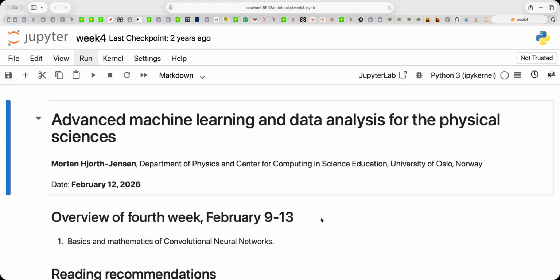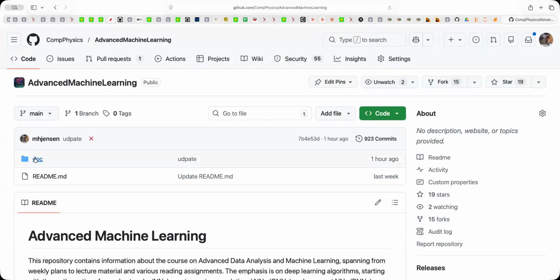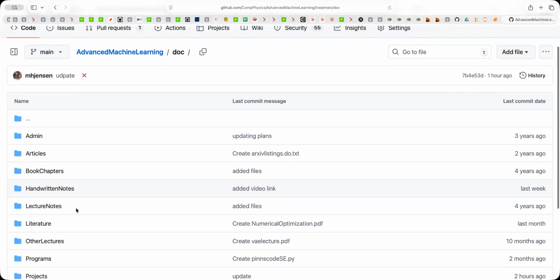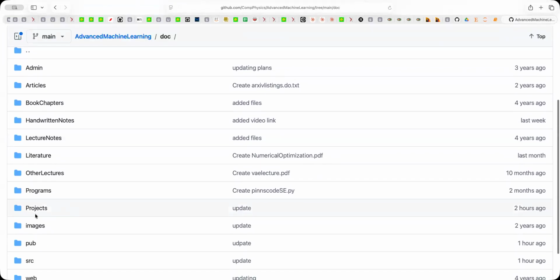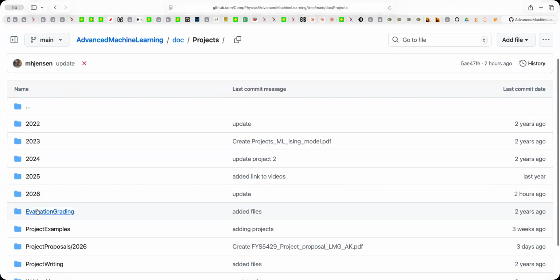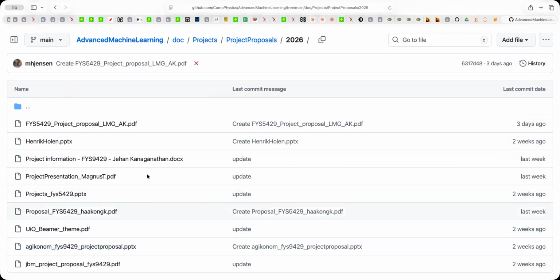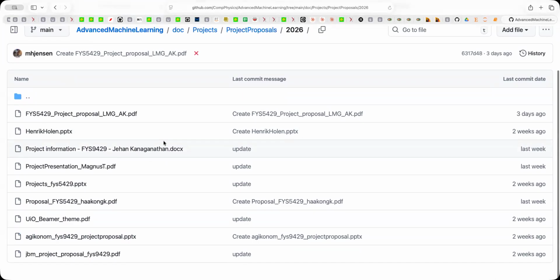Now, one thing I wanted to say before we continue: if you go back to the GitHub address, because we've been discussing back and forth what kind of projects we should deal with, if you go into proposals for 26, several of you have actually made proposals.